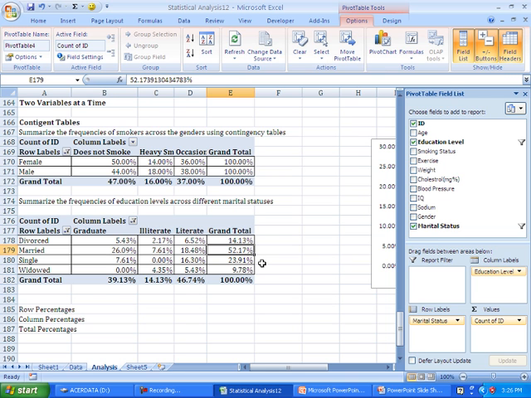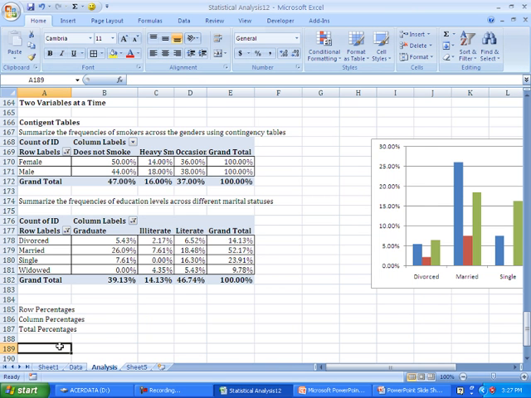So a contingency table along with a pivot chart. This pivot chart, especially when I am doing it as a column chart, I can also call it as a side-by-side chart. A pivot table can be taken into a pivot chart, and that pivot chart, especially as a column chart, I will also call it as side-by-side chart.